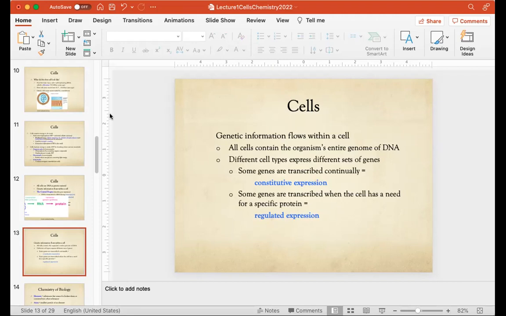Any gene that gets transcribed like that, gets expressed like that continually, we refer to that as constitutive expression. Any gene that a cell is going to use constantly, it's going to express it constantly.